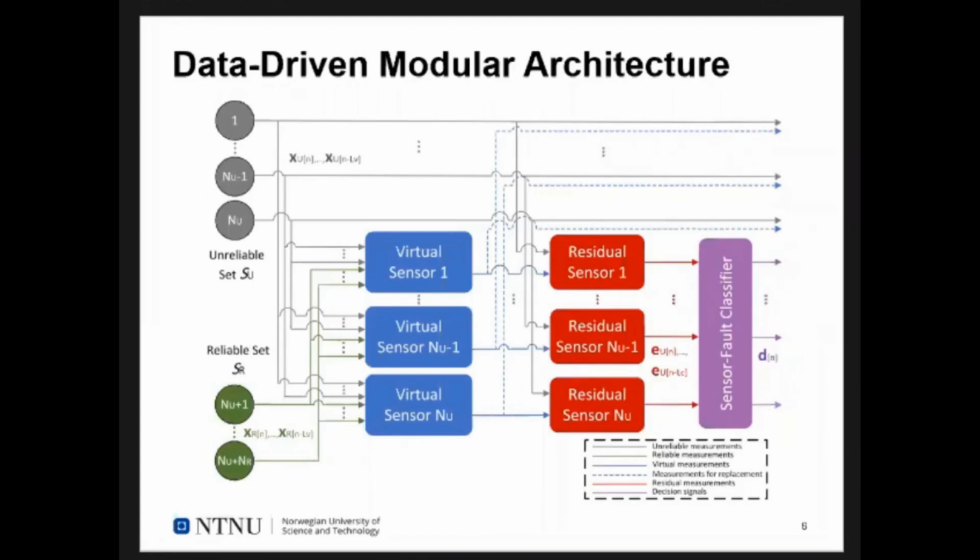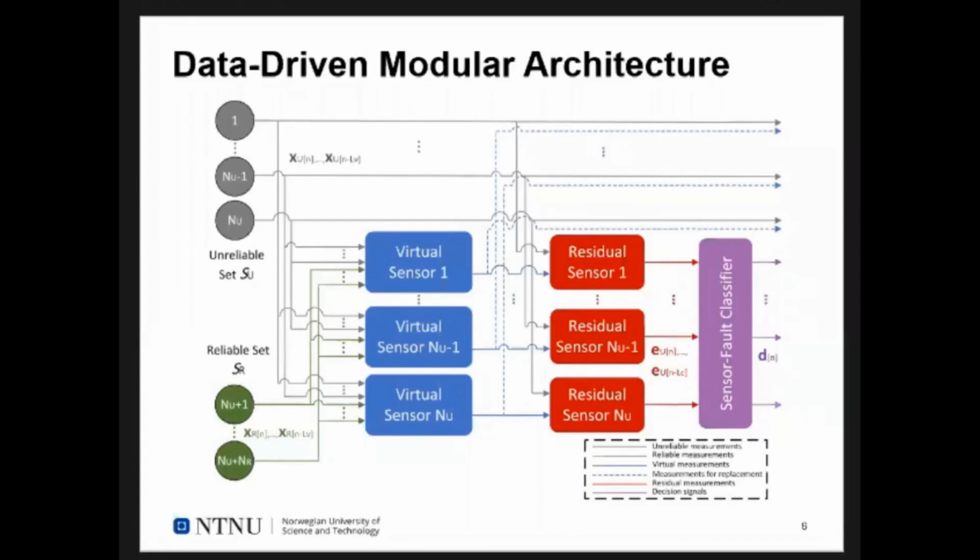Of course, if you are applying this to a system in which you cannot trust any sensor 100%, then this group will just be empty. But in some cases it might be useful to consider this because this is what you will find in practice.